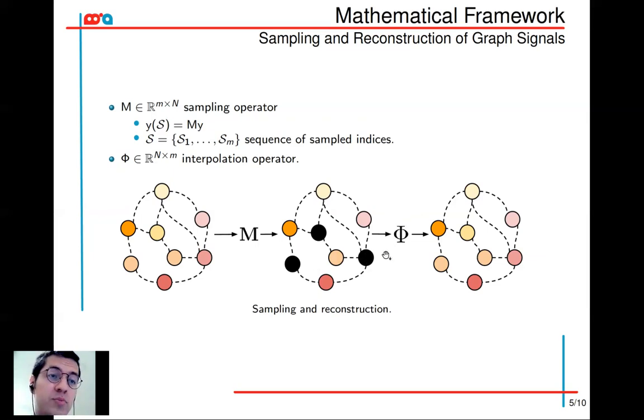Now, the objective of the reconstruction of graph signals is to try to get the original graph signal as well as possible with the samples that we have and the structure of the graph. So that's the problem of sampling. We need to select some of the nodes so that we can reconstruct as well as possible the whole graph signal.